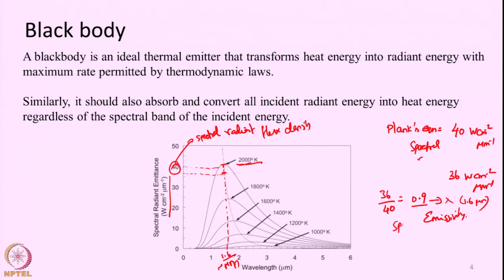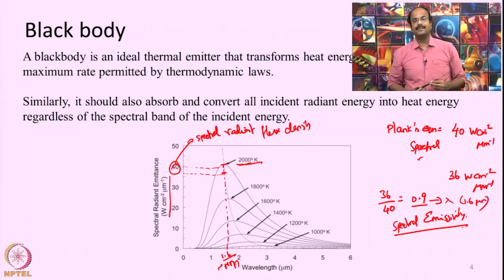To be specific, I write it as spectral emissivity. So, spectral emissivity, or in general emissivity, is the ratio of the actual radiant flux density emitted by the object at a given temperature T divided by the radiant flux density defined by Planck's law for a black body at the same temperature.